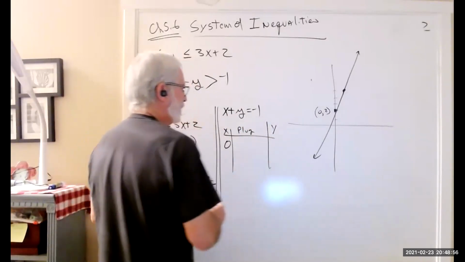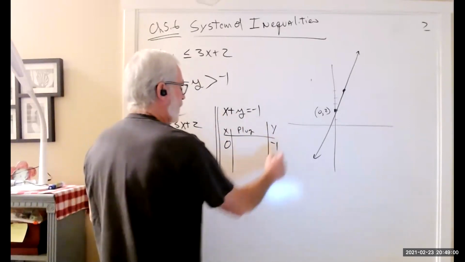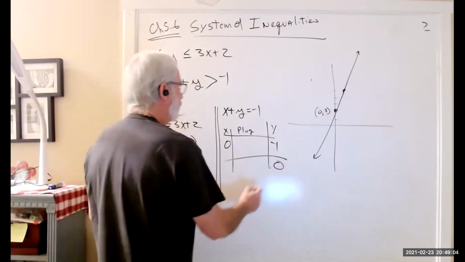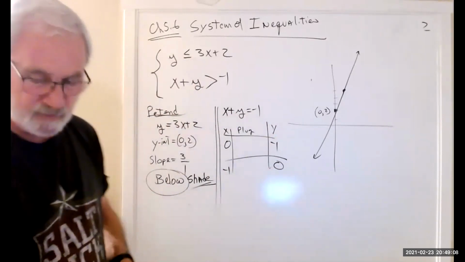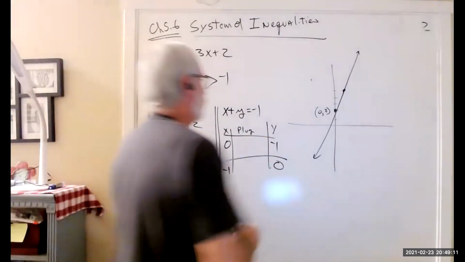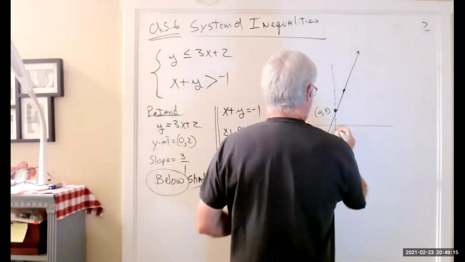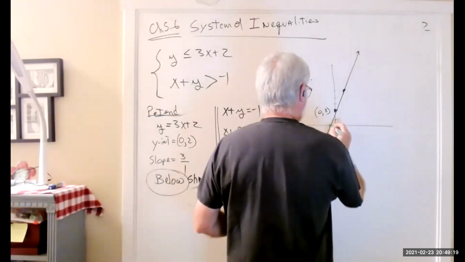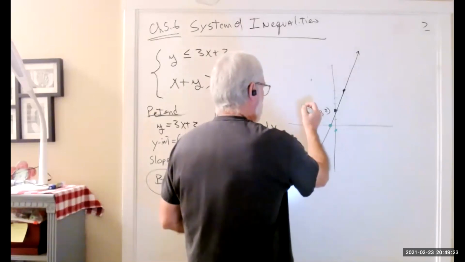I'm trying to speed up a little bit to get us through, but if x is 0, y is -1. And if y is 0, x is -1. So I have 0, -1, which is right here, and -1, 0, which is right here, more or less. This is a dotted line.